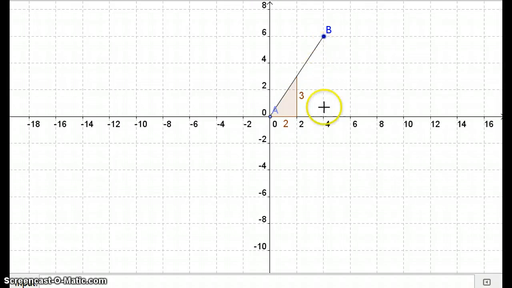Or you could have looked at this triangle, 6 divided by 4, which, if you put it on the calculator, is 1.5. Coming back to here. 3. 6 divided by 2 is 3. 2, 4 divided by 2, or 8 divided by 4.